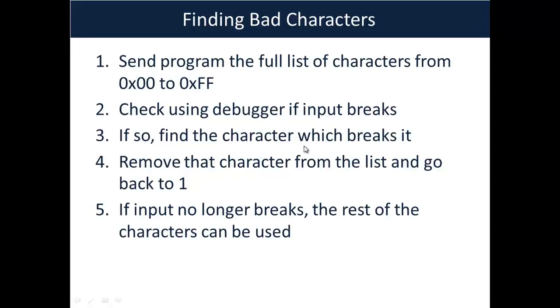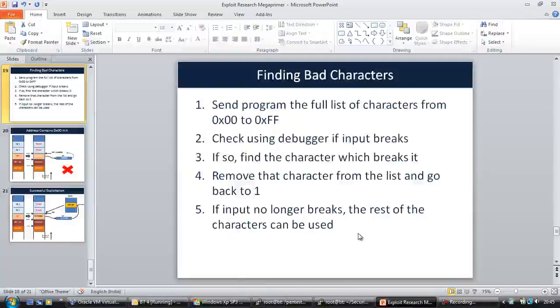If so, then we find the character which breaks it, and then we remove that character from the list and go back to point 1, and with that reduced set of characters we again run the same experiment. At one point we would notice that input no longer breaks, which means that the rest of the characters can be used safely. So now let's try and do this in a practical way.